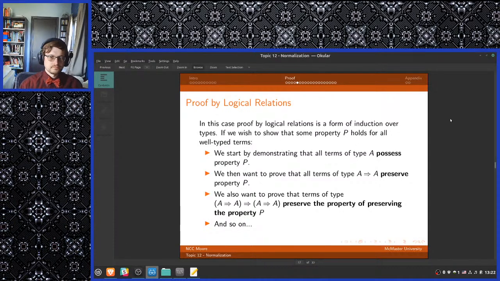So, we start by demonstrating that all terms of type A possess property P. We then want to prove that all terms of type A yields A preserve property P. So essentially, think about the set for our base type, right?